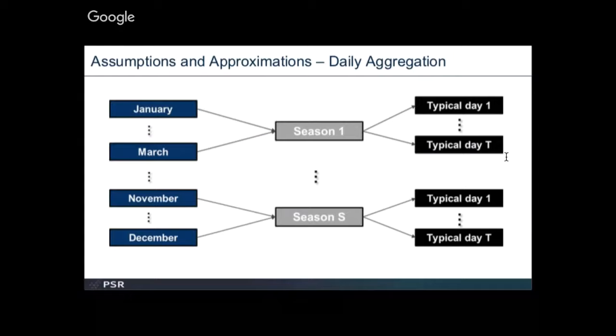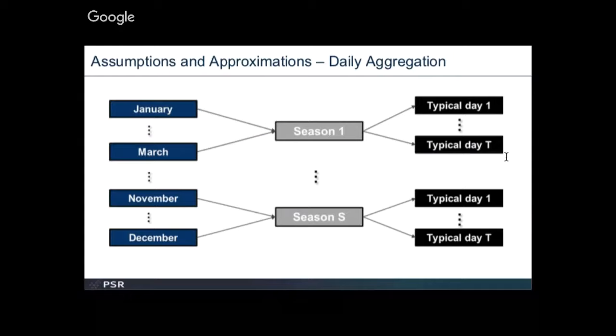Let's take the example where the season is a month. Each month can be aggregated into 2 typical days. So besides considering the whole 30 days, we can consider 2 typical days, for example weekdays and weekend days.